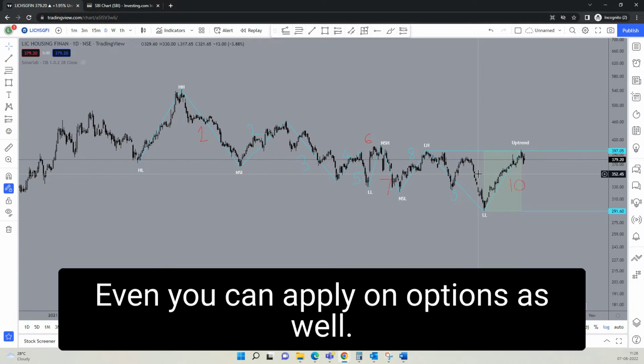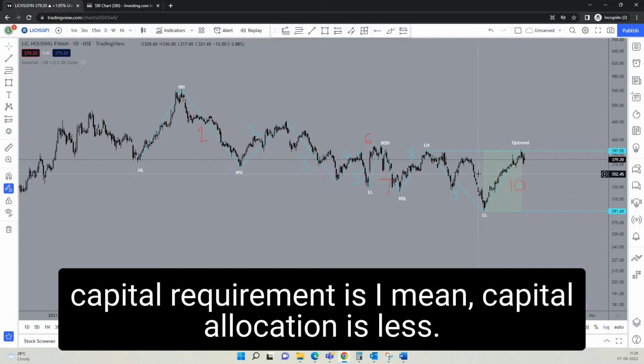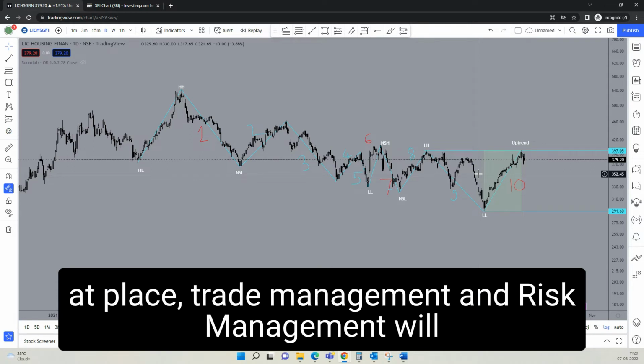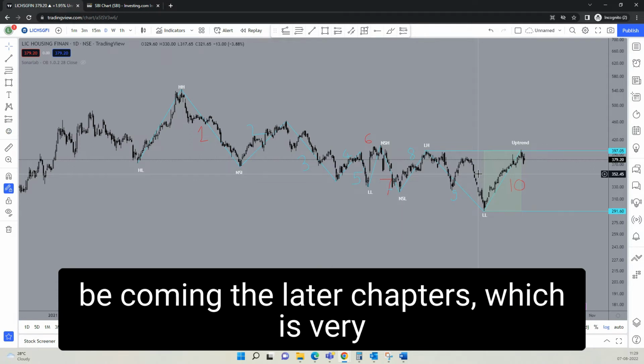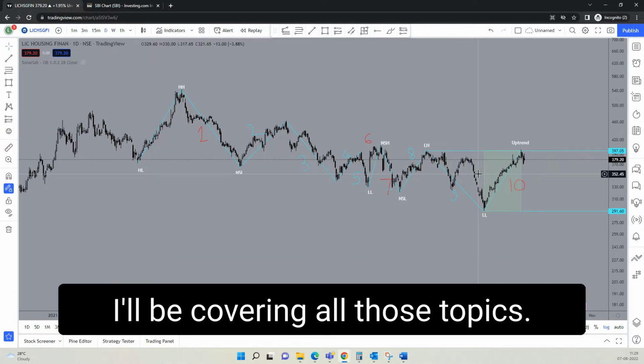You can even apply it on options as well. I do not encourage options trading when your capital allocation is low. But if you have solid risk management in place, trade management and risk management will be coming in the later chapters, which is very, very important before opening any trade. So stay tuned. I'll be covering all those topics.